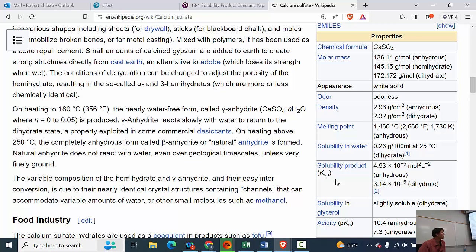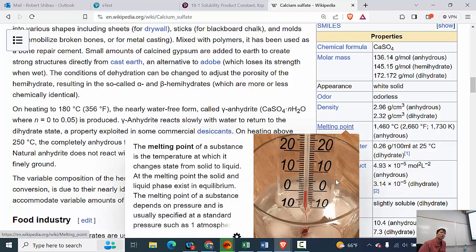Per 100 milliliters would be 1/10 that, so it'd be 1.36 grams. So if we get more than 1.36 grams of calcium sulfate to dissolve, we call it soluble. Well, we are only getting 0.26. So this flips it, and this is black and white. It flips it into the insoluble category, but is it really?